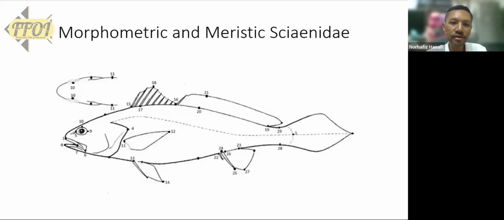So I am providing all the knowledge for anyone who wants to do taxonomy of Sciaenidae, because I want to share all of the taxonomy knowledge from the basic level. Then you can go to the advanced level. But morphometric and meristic is the fundamental, basic knowledge.